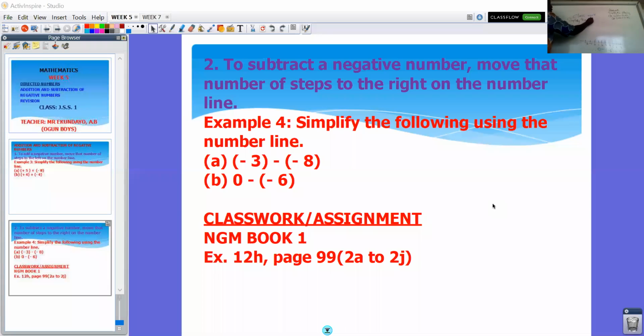Simplify the following. A, minus 2 minus 5. Then B, plus 6 plus minus 7. So do that. I hope it's clear. It's clear now, right? So do that. Just send in your result.